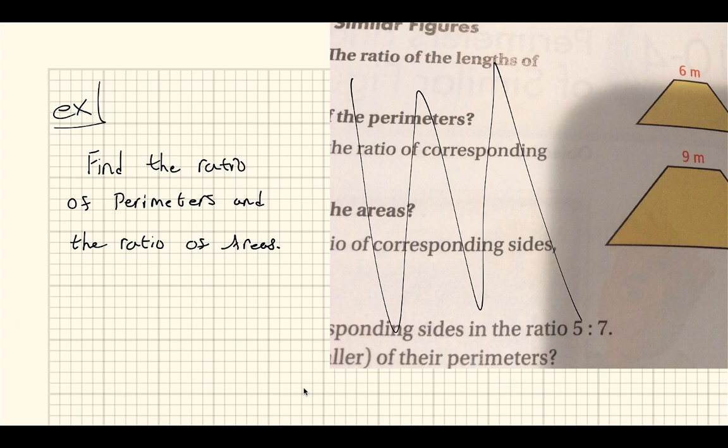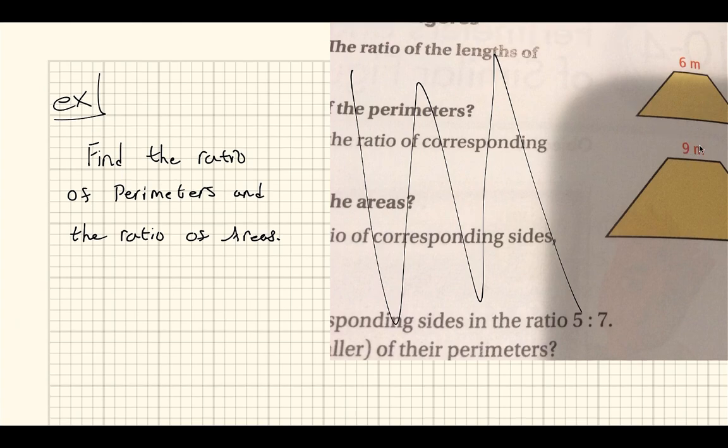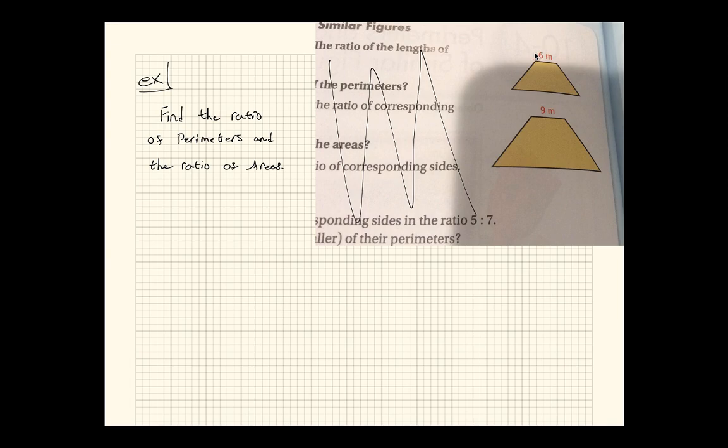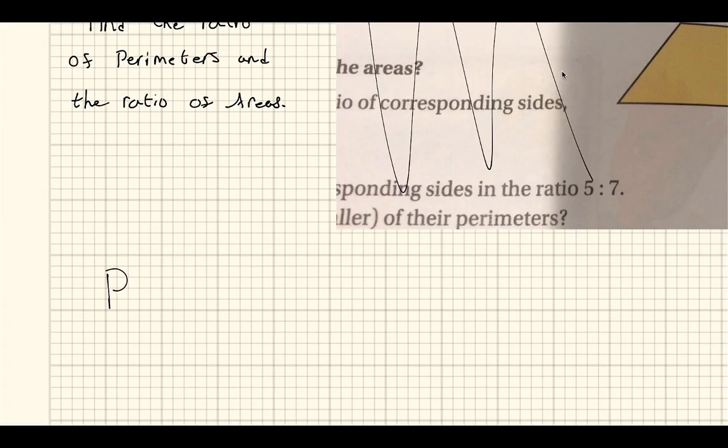Now what's nice, in order to find the ratio of the perimeters, we don't actually have to find the perimeter for both. What we can do is just find the scale factor, which in this case is 6 to 9, and that is the same as the ratio of the perimeters. So for the sake of time, we're going to call this the P ratio.